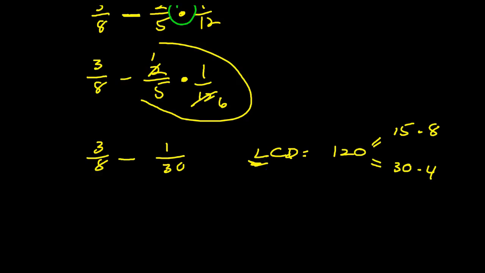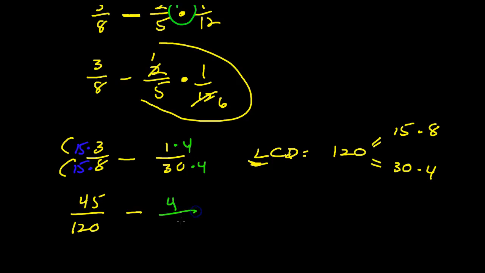All right, I'm going to multiply top and bottom of this first fraction then by 15. I want to get a 120 as a common denominator, right? 15 times 8 is 120, of course. 15 times 3 upstairs is going to be 45. Minus, and of course in the second fraction I'm going to multiply top and bottom by 4.